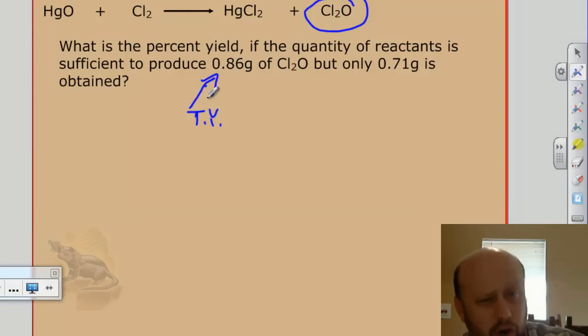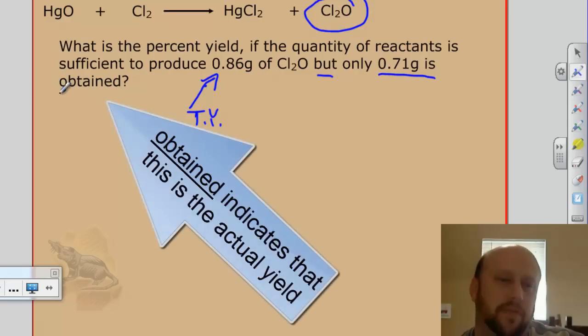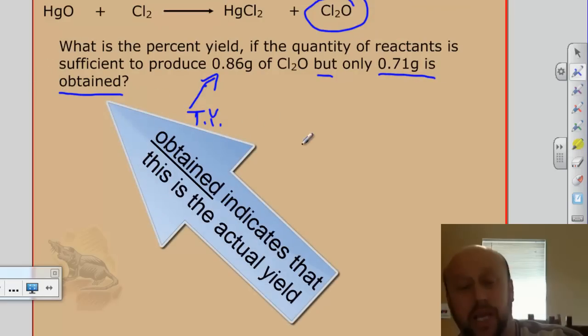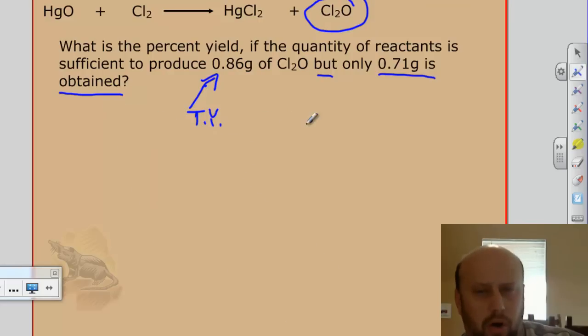If everything was perfect, it would produce 0.86 grams. But only 0.71 grams is obtained. If you see is obtained, or is produced, or was measured, those are all indicators of actual yield. So this then is my actual yield.